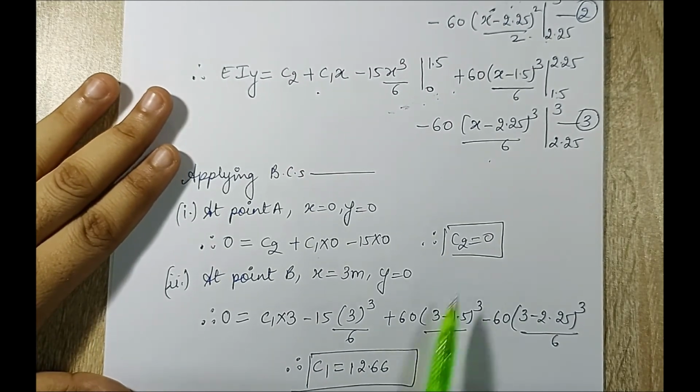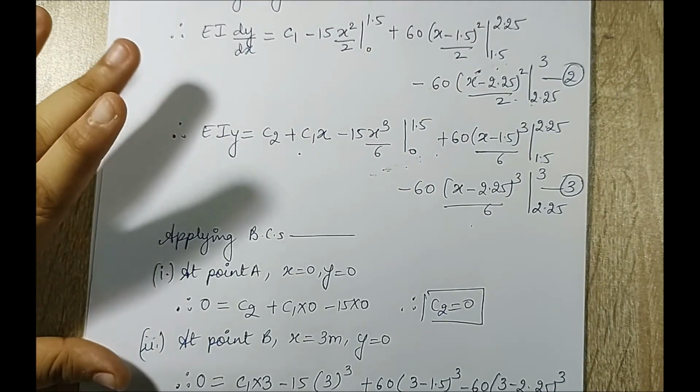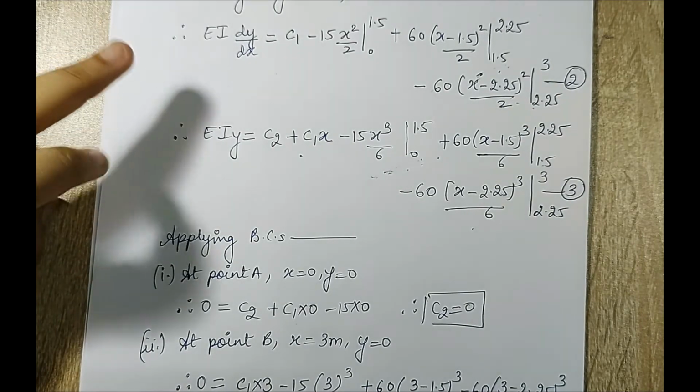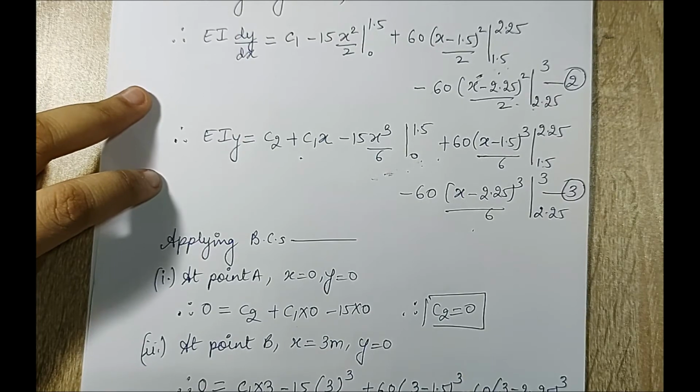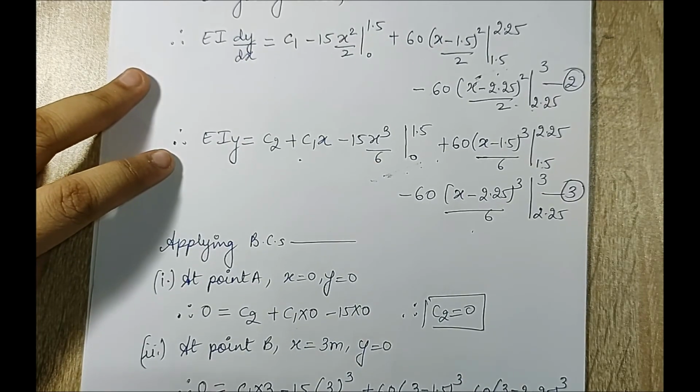So I have got the value of C2 and C1. I'll substitute in equation 2 and 3 and I'll get equation 4 and 5 for slope and deflection, where I have found the value of the constants C1 and C2.